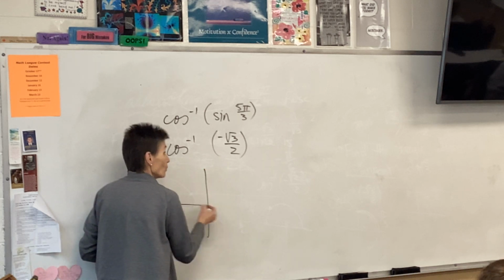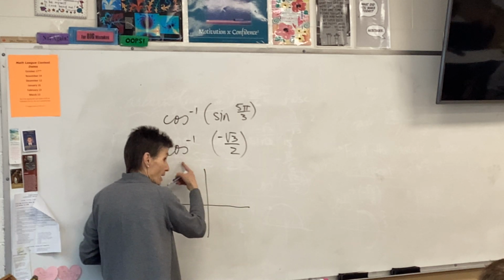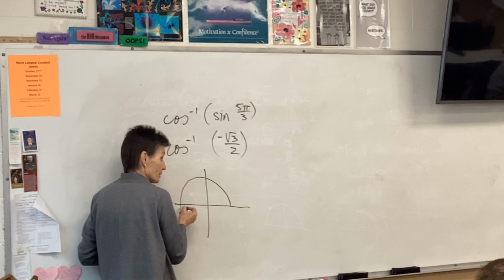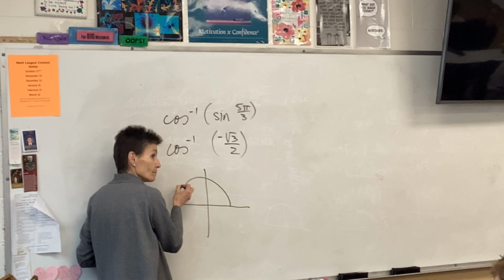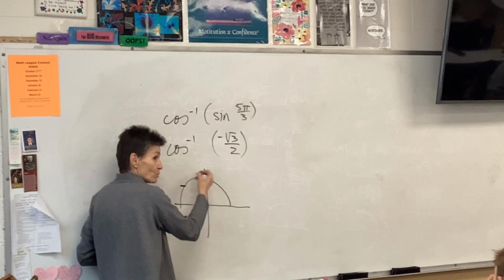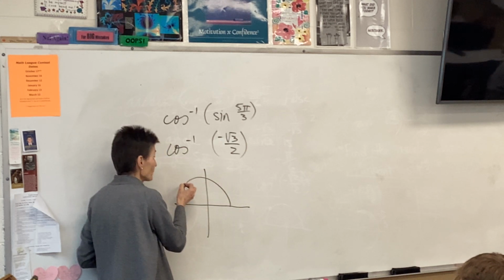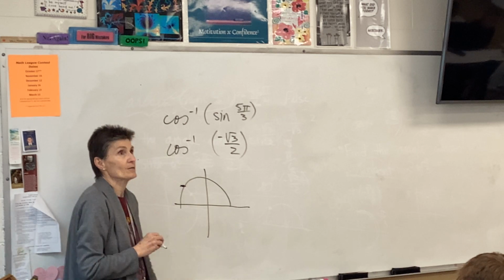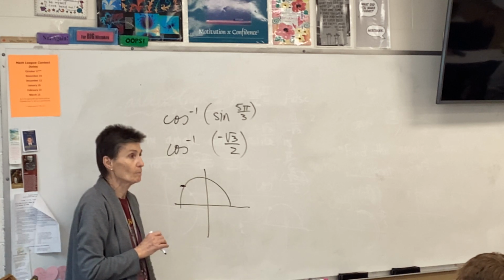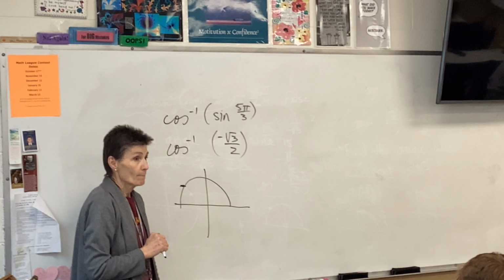Well, where are you going to look? It's a cosine, so you're going to look over here. Cosine's restricted to 0 to pi, so you're over here, inverse cosine. So if a cosine is root 3 over 2, then the angle must be pi over 6.